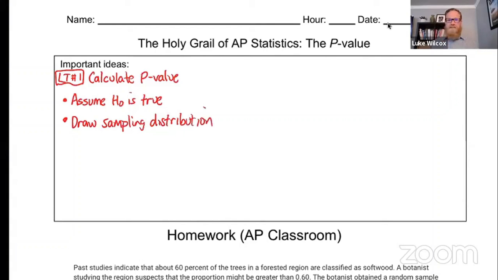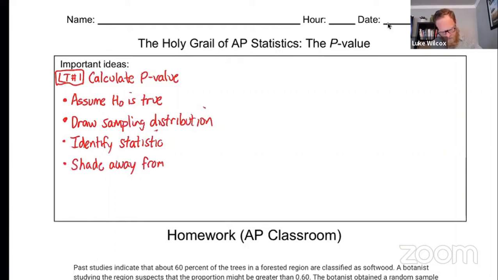Next, on your sampling distribution, you have to identify the statistic or the observed result that you got from your sample or from your experiment. Then the next step is to shade in the distribution, and you're going to shade, generally, away from the center.